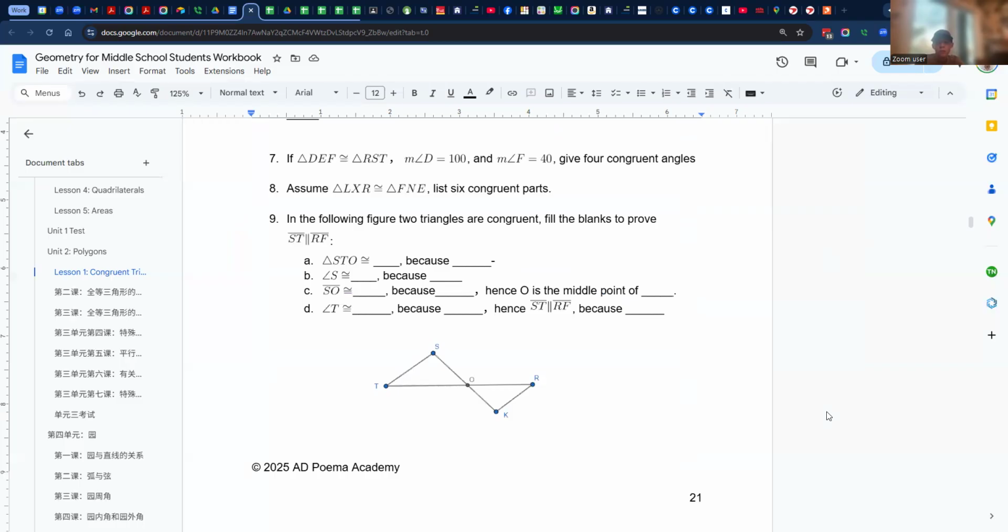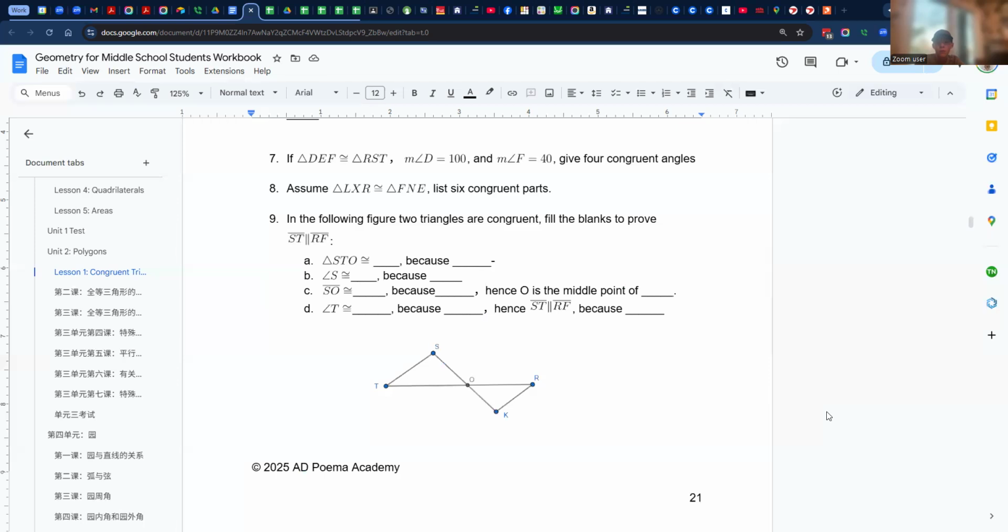All right, let's do number seven. If triangle DEF is congruent to triangle RST, the measure of D is equal to 100 and the measure of angle F is 40 degrees.